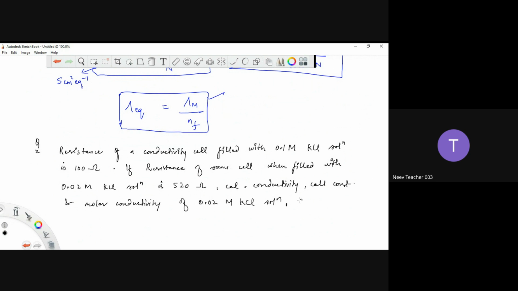Given is kappa of 0.1 molar KCl solution, which is basically 1.3 Siemens meter inverse. Do this question, and I'm just coming back. Okay, that much of time you have.